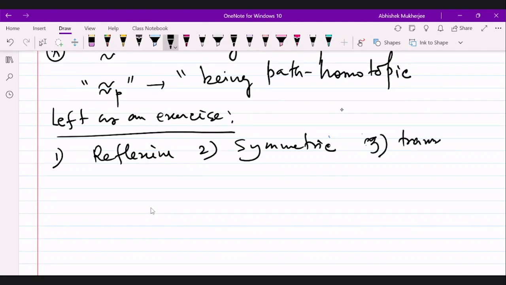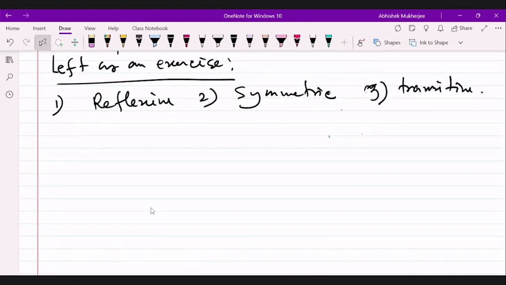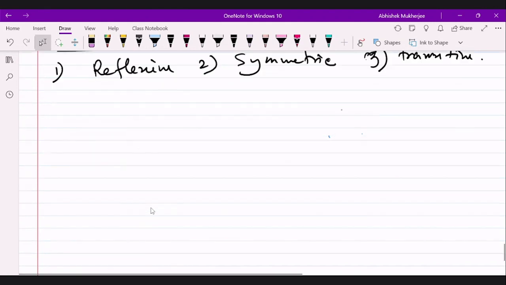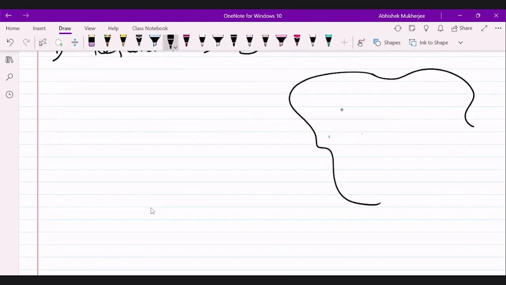Okay. Now, in the transitive case, you need to look after this transitivity because you need to consider two homotopies, right? So suppose you are taking, I'm going to just discuss this one only.